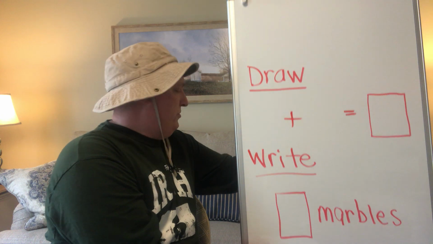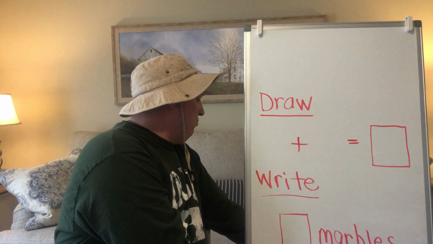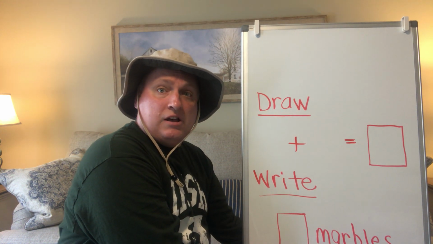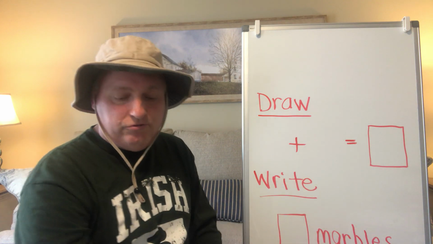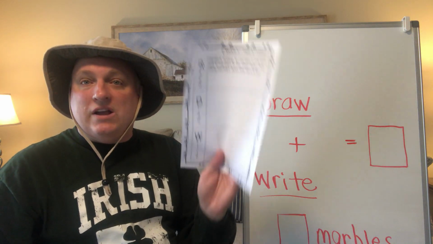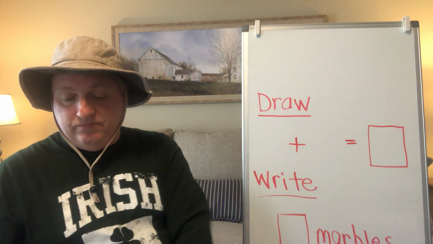So that's what you would do in the write section. Moms and dads, you can absolutely help them when they are writing their answer statements. You can put blank marbles. So, all right. I want you to solve that, and we will go over your answer to that tomorrow.